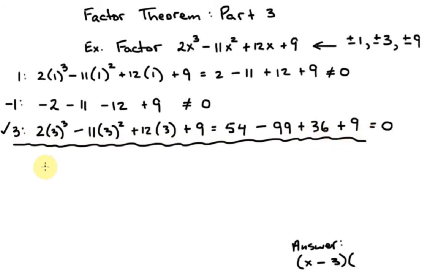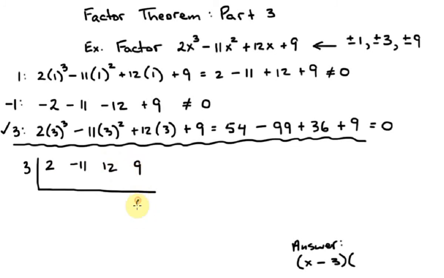And now step 2 is I'm going to plug that stuff in using synthetic division and see what else I have to work with. So I'm going to plug in 3 again. My coefficients are 2x cubed, then a negative 11x squared, 12x's, and a constant of 9.